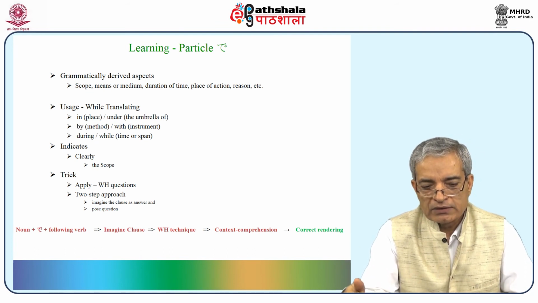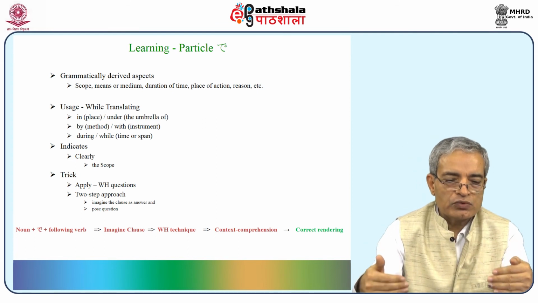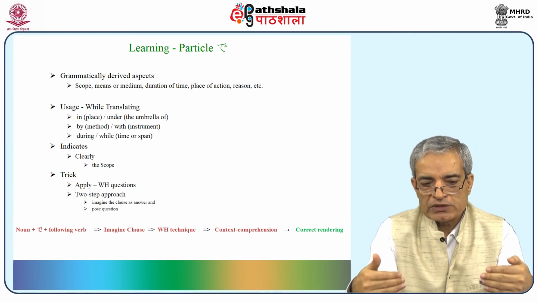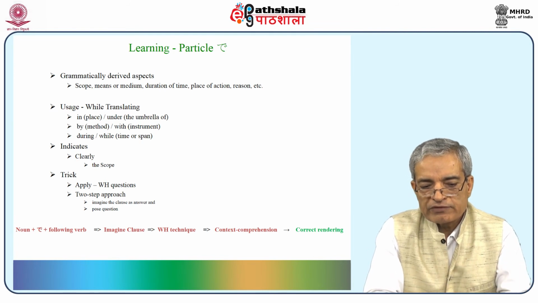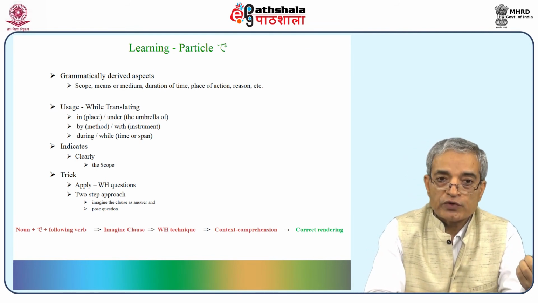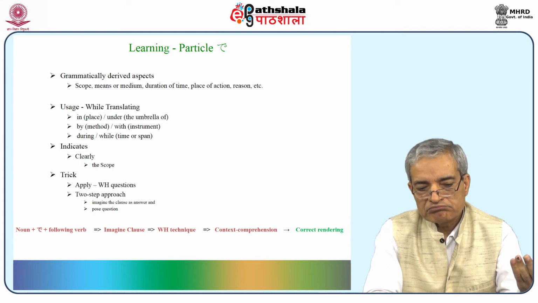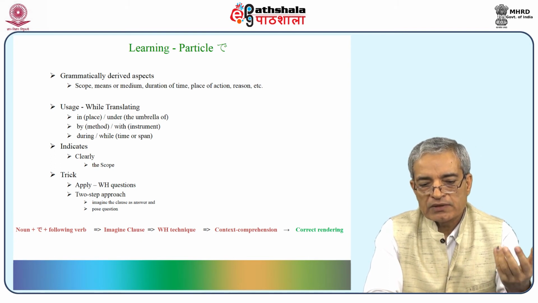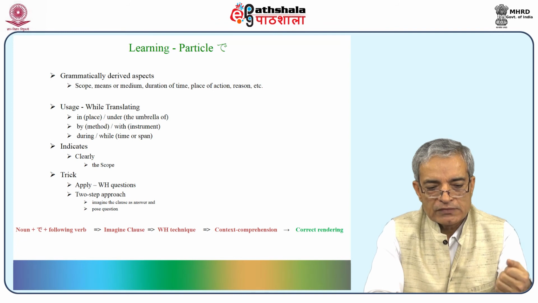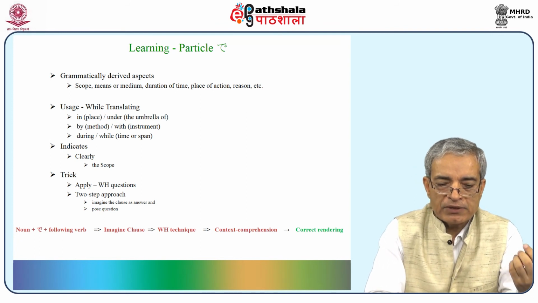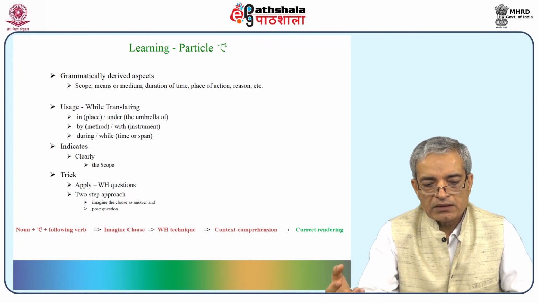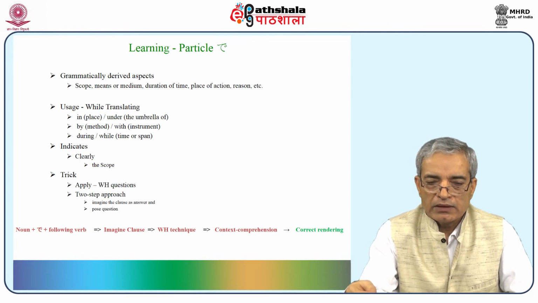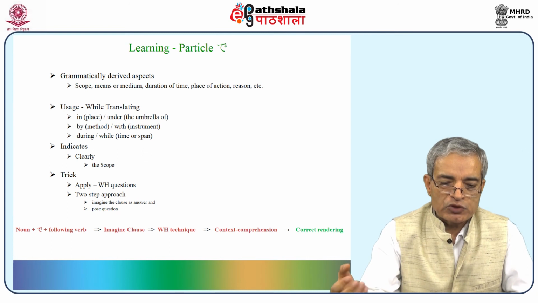It's quite difficult. In this module, we have tried to see the usages while translating, and see, first was "in", when it was used for place, and it is "under" in the case of under the umbrella of. Next was by a particular method, or with an instrument. And the third was during or while, and the context was time or span.